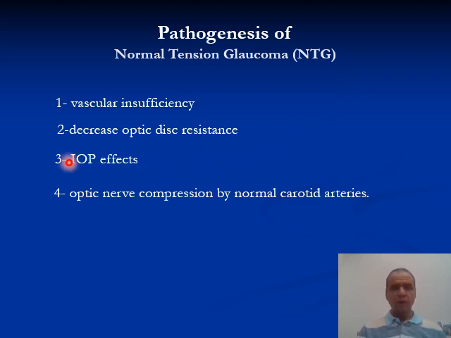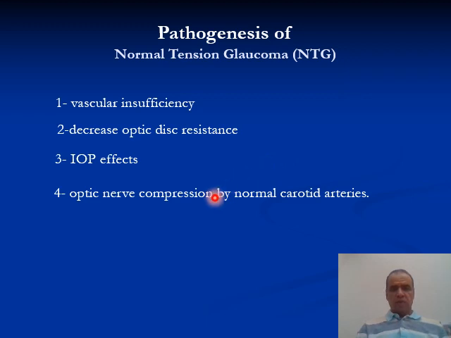The intraocular pressure, although it is normal in patients with normal tension glaucoma, is still affecting the perfusion pressure of the retina and optic nerve head. For this reason, in treatment of those patients, we need to lower the intraocular pressure even more.